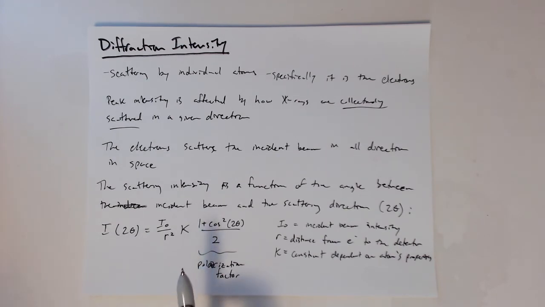Destructive interference between electrons due to their position around the nucleus means the total scattering intensity of an atom at a certain angle is less than the simple sum of all of these terms. So let me switch to the slides to show you a little bit more visually what I mean.